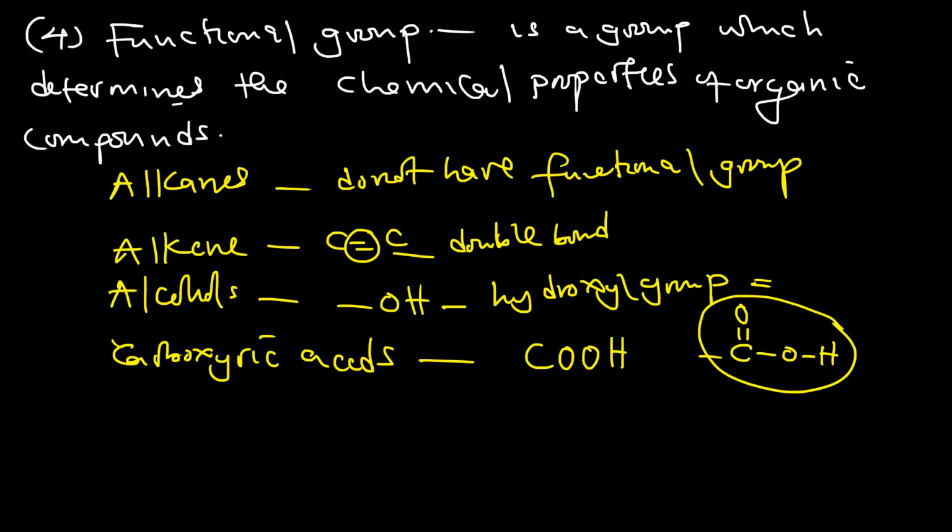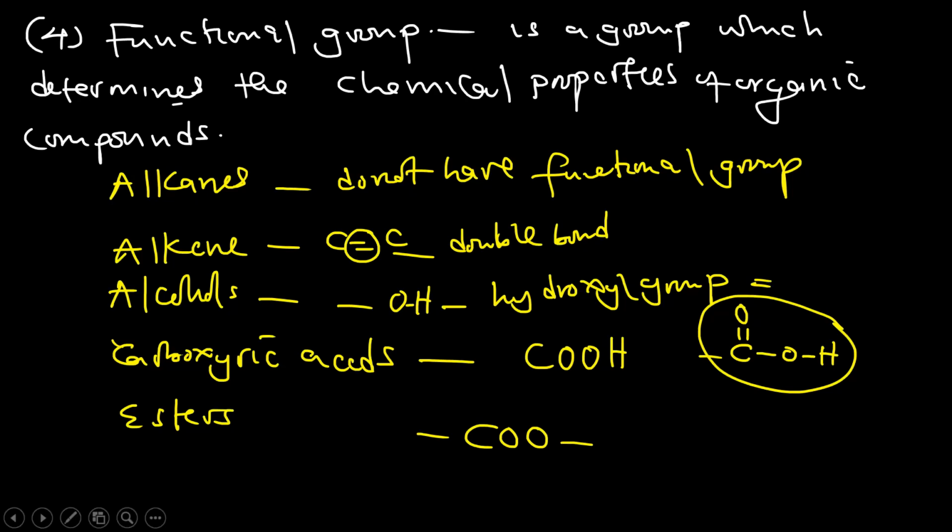Then of course this one can be presented as such. There's a bond between here. Then the other one, which are esters. What is the functional group of esters? The functional group of esters is just this. This is the ester functional group. All right, so that is another term that we need to know under this one.